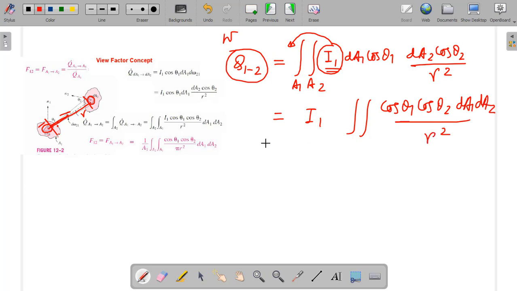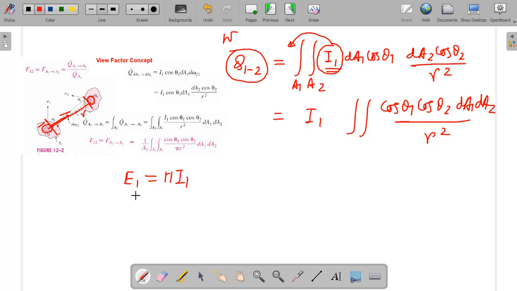Now already you know for the total hemispherical emissive power, if that power is E1, then E1 is the blackbody emissive power, because we have considered this one surface as a blackbody, and that is equal to pi into I1.